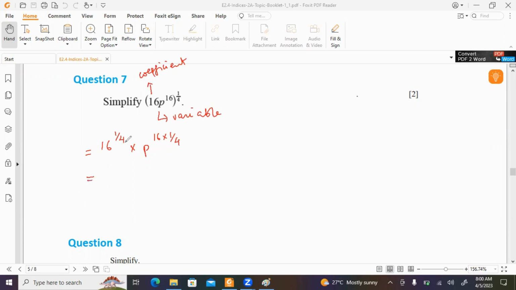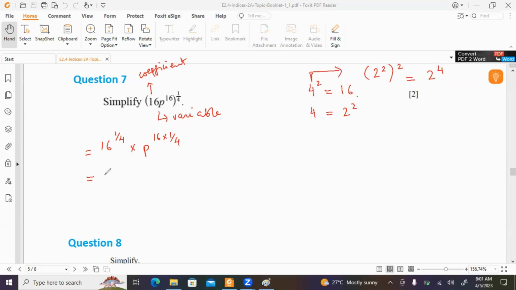But in the other case, since there's the power of 16 with p, the 1 over 4 gets multiplied to 16. So 16 raised to the power 1 over 4 is basically 2. How did I get that? The thing is, 4 squared is 16. And we know 4 is 2 squared. So if we rewrite 4 squared, we can write it as 2 squared whole power 2, which is basically 2 to the power of 4.